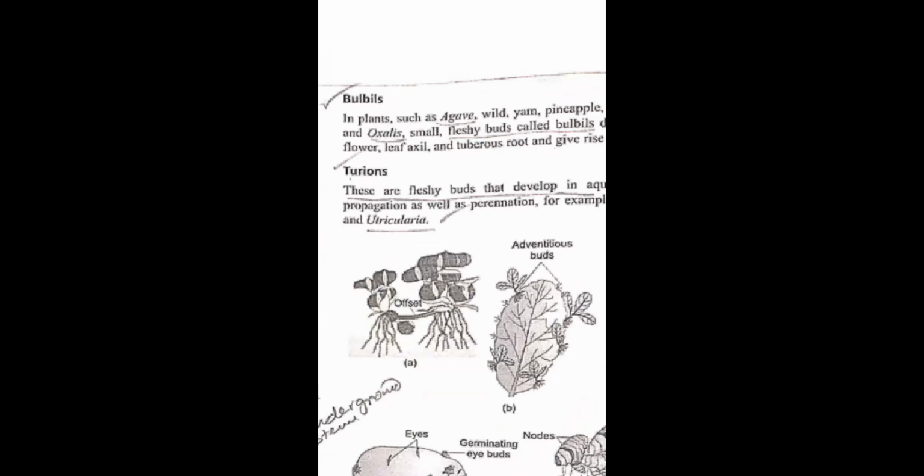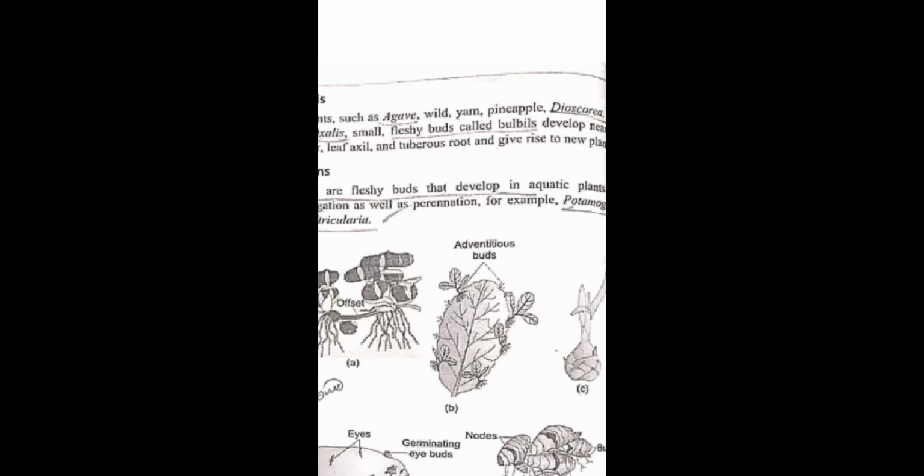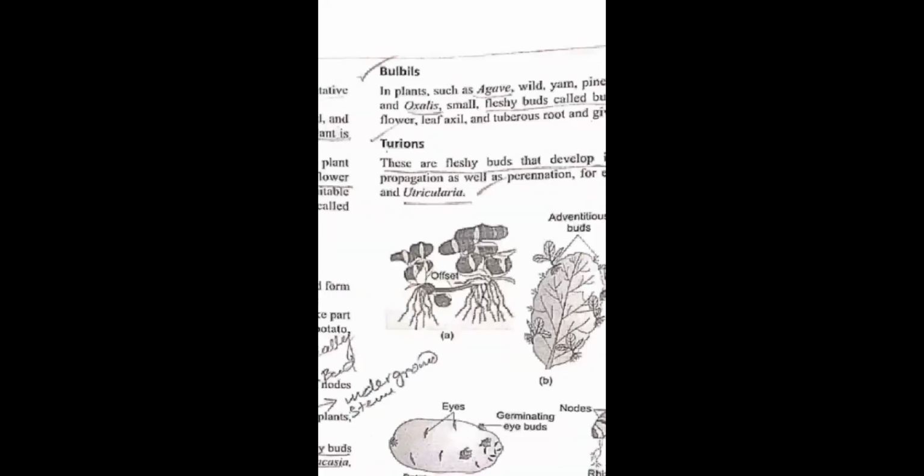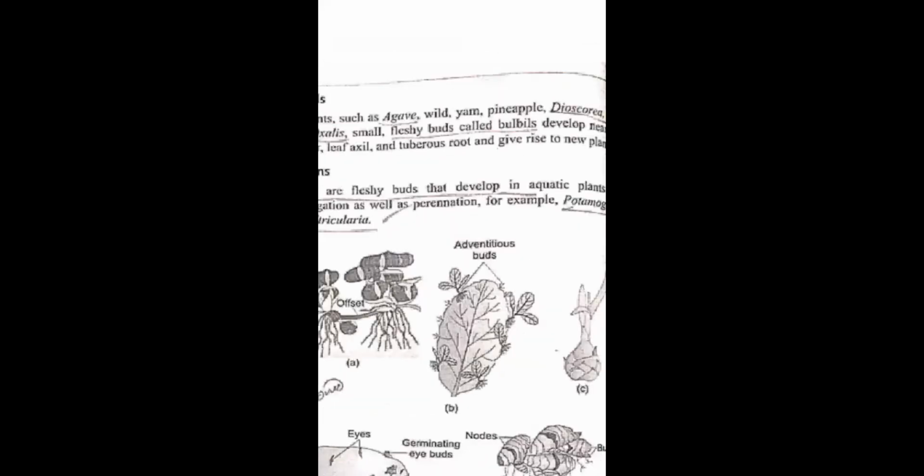In plants such as agave, wild yam, pineapple, Dioscorea and oxalis, small fleshy buds are called bulbils. That bulbil develops into an entire plant or flowers. It is mostly present at the tip of the plant or leaf axis, and sometimes it may be present in tuberous roots, and also gives rise to new plants.